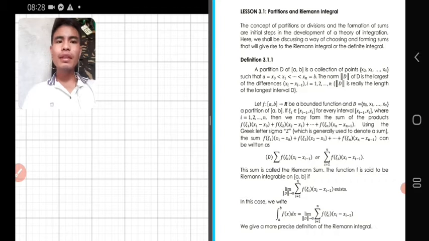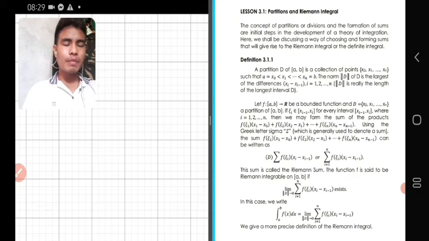Now, let our function f from a, b into R be a bounded function, and a partition D equal to the set x sub 0 up to x sub n, a partition of a, b.